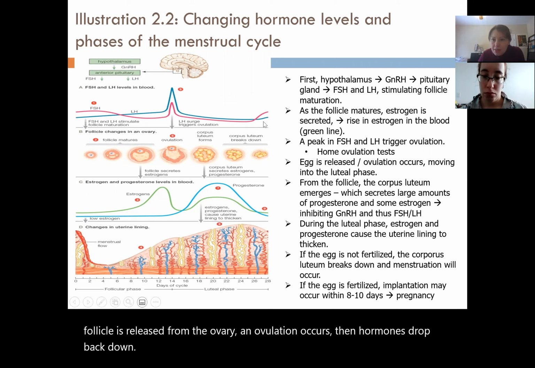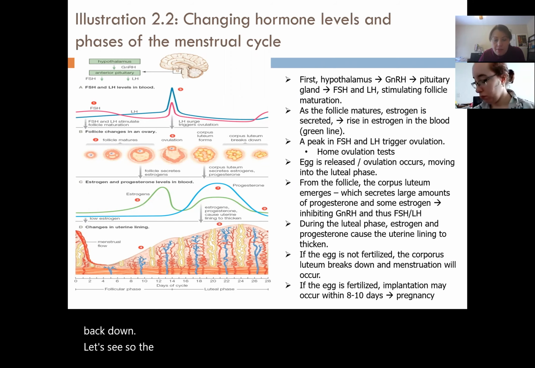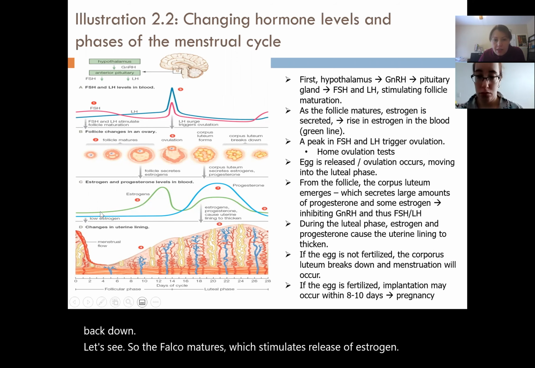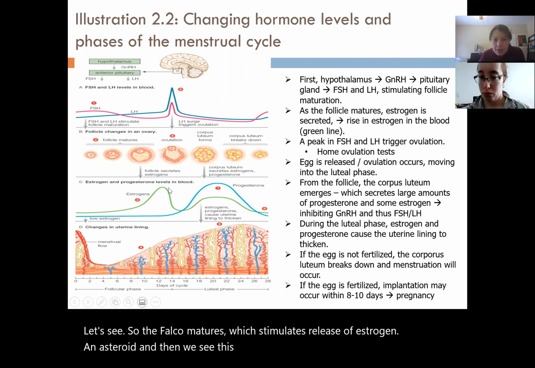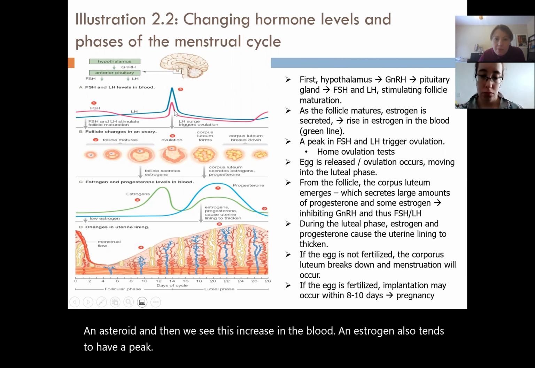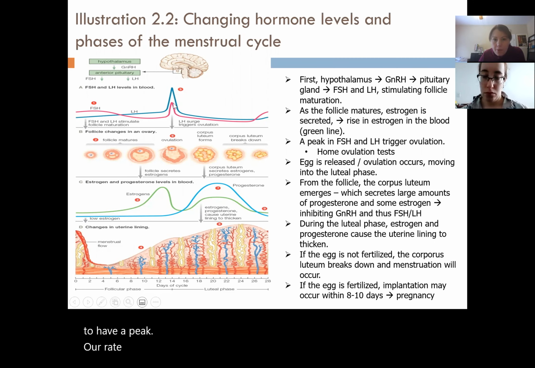So the follicle matures, which stimulates release of estrogen. And with estrogen, we see this increase in the blood. And estrogen also tends to have a peak right before the LH surge occurs.